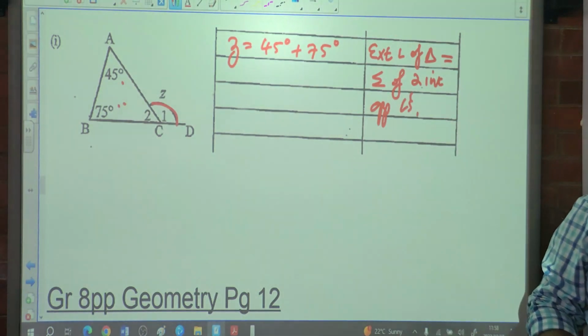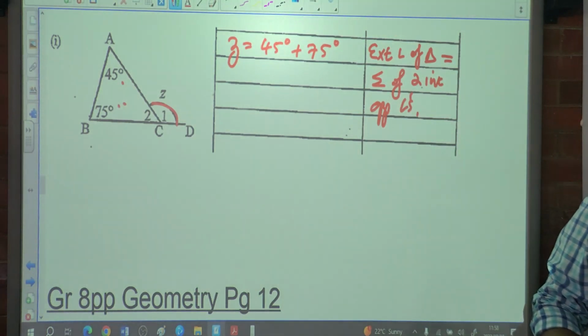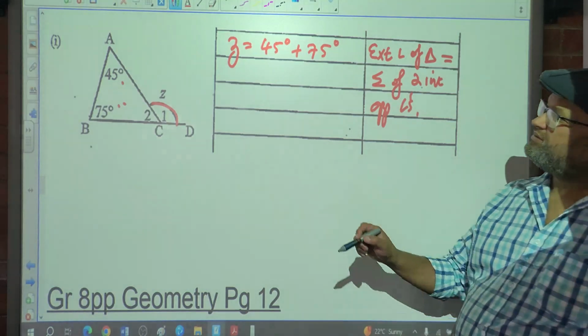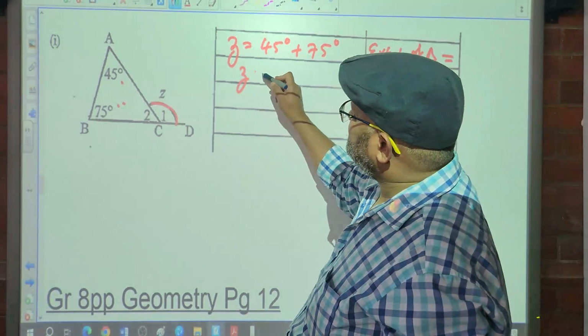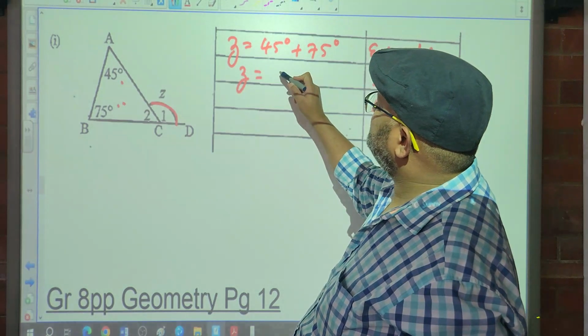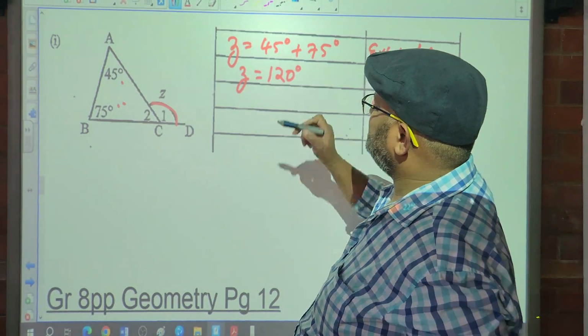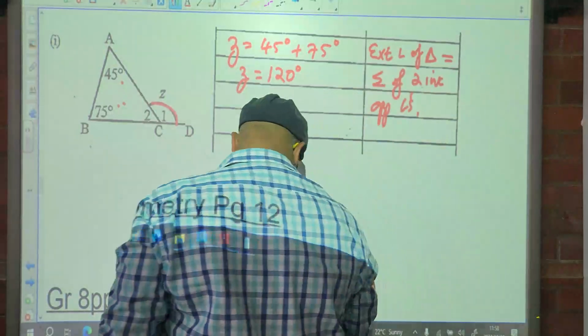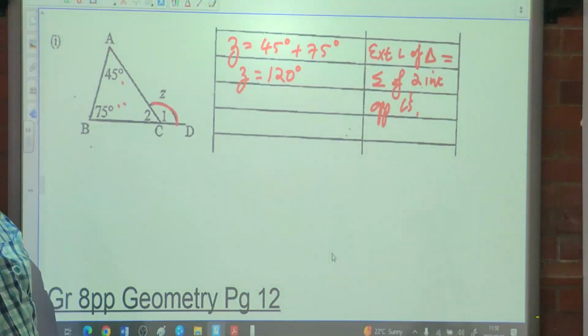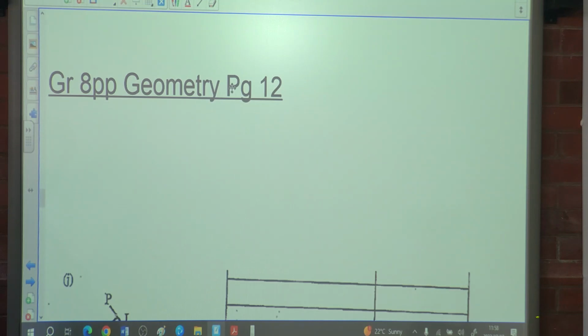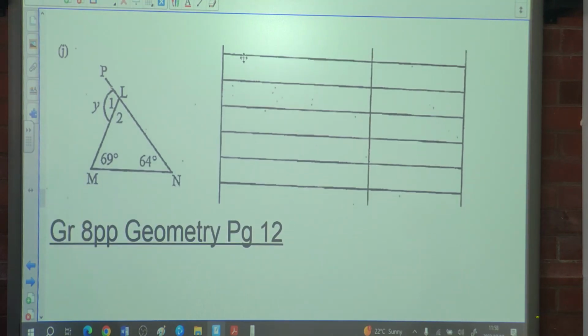Okay. So z is equal to 120 degrees. Okay. Let's look at J.